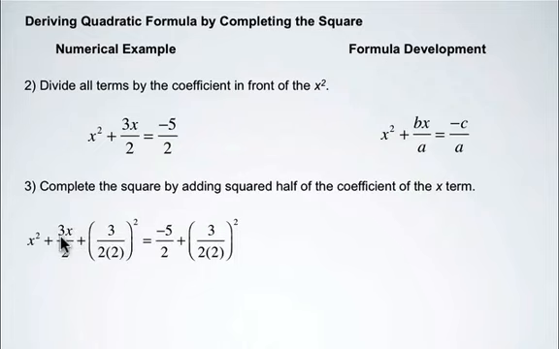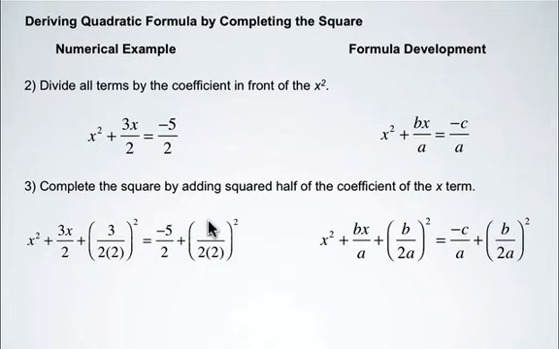We are adding the squared half, so 3 over 2, divided by 2. So we've found the half of this, we've squared it, and we're adding it to the left-hand side. If you do that, you have to add it to the right-hand side as well.